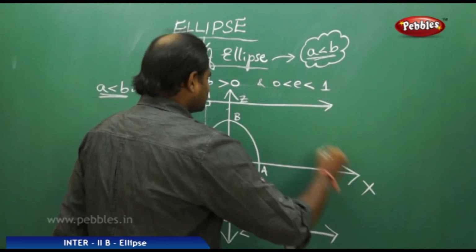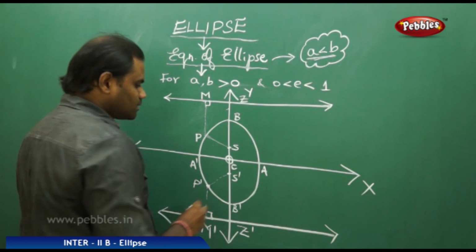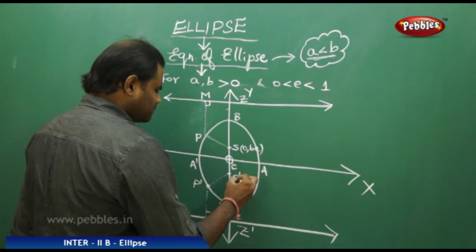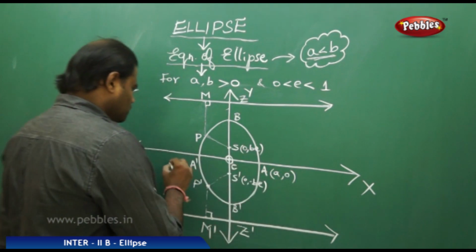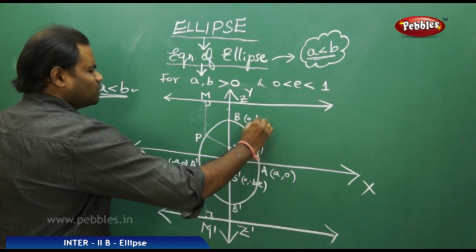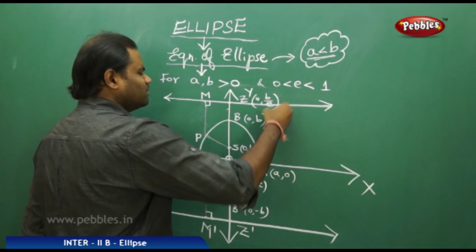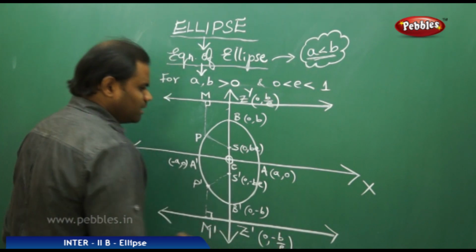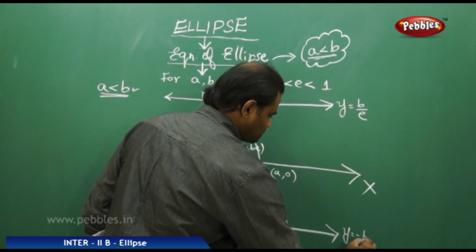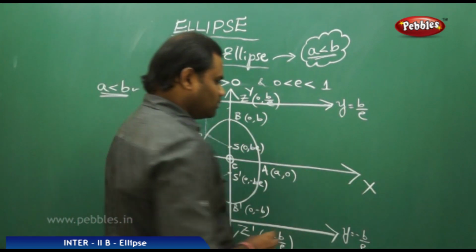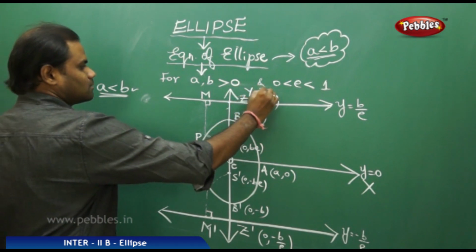So in this case of the ellipse with a less than b, my focus is 0 comma BE and 0 comma minus BE, and A is A comma 0 and minus A comma 0, and B is 0 comma B and 0 comma minus B, and coordinates of Z is 0 comma B by E and Z dash is 0 comma minus B by E, and the equation of directrix is y equals B by E and y equals minus B by E. The equation of the minor axis is y equal to 0 and the equation of the major axis is x equals 0.